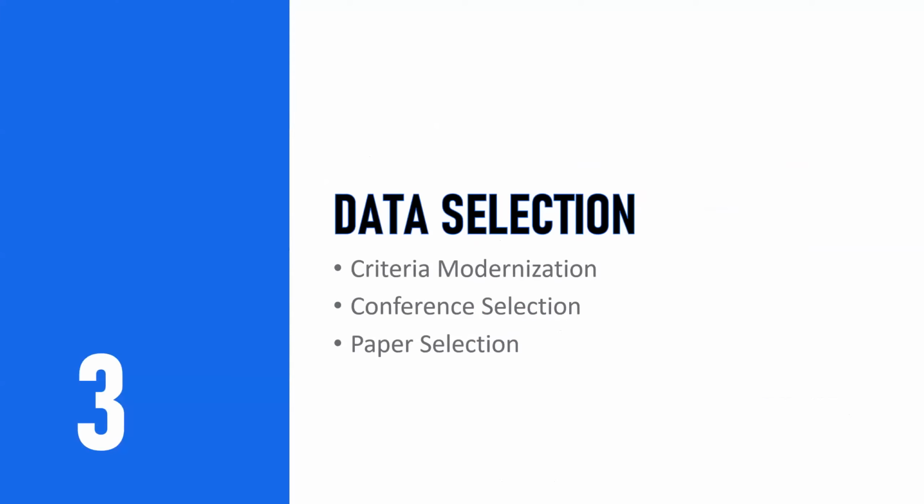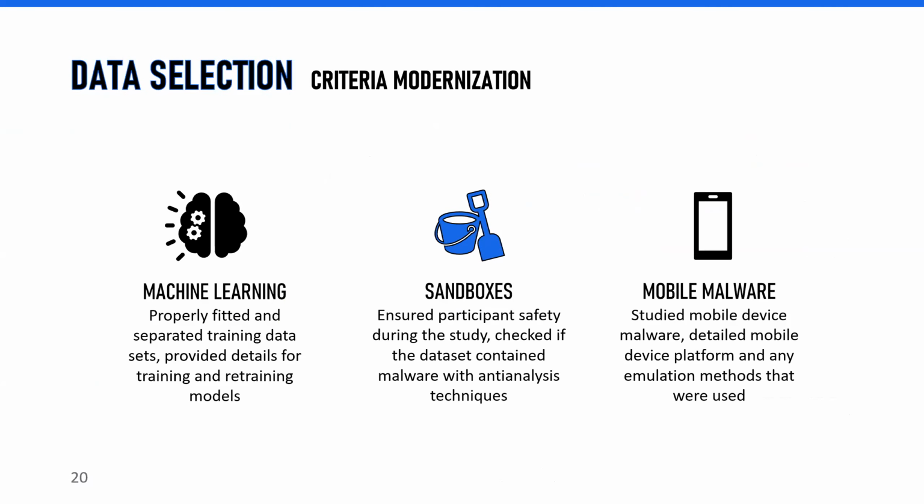So I began my research by modernizing the criteria used in the 2012 paper and selecting 35 new papers to analyze for their prudence. The three criteria I chose to focus on were machine learning, sandboxes, and mobile malware analysis. Machine learning really wasn't a thing applied to malware in 2012, or at least it was still emerging, and therefore it wasn't assessed in the original paper, but it's rather important now.